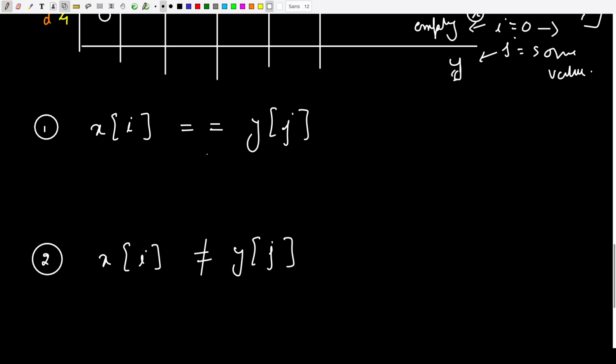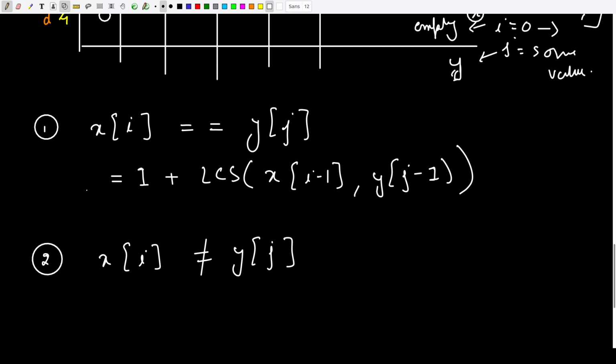In the first case, where the ith and jth characters are equal, the LCS is 1 plus the LCS between x[i-1] and y[j-1], right?